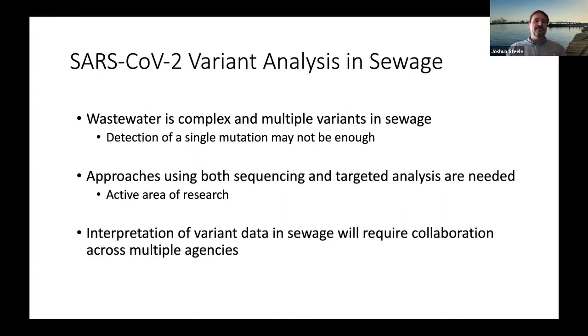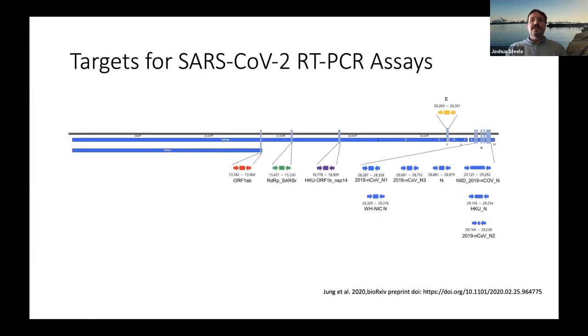Again, here's this genome. You can see on the primers there are numbers like 13,342 and 18,778. All those numbers are locations on the genome that they are targeting, and every single one of those locations could have a mutation.